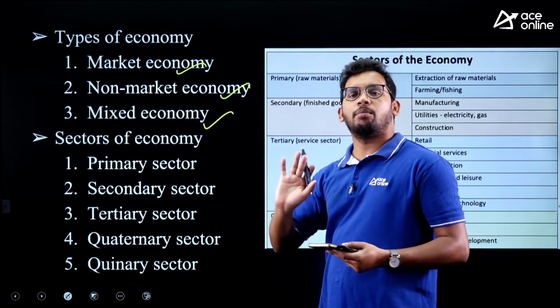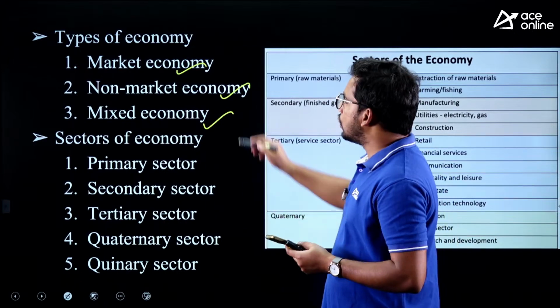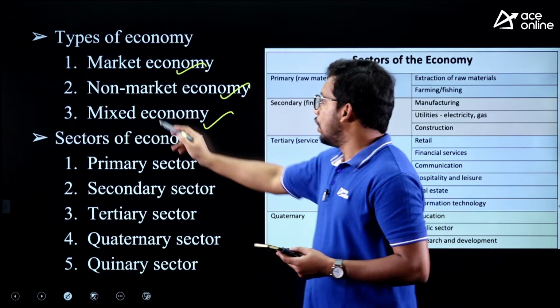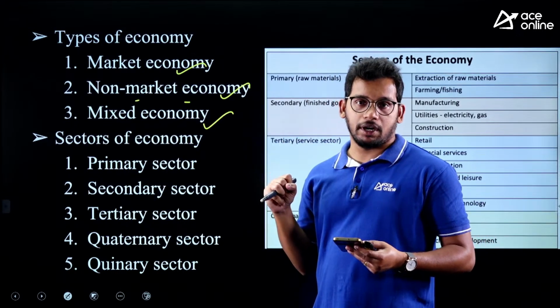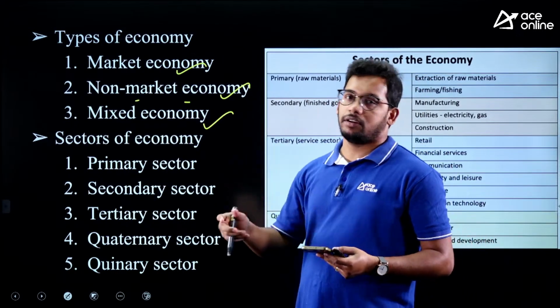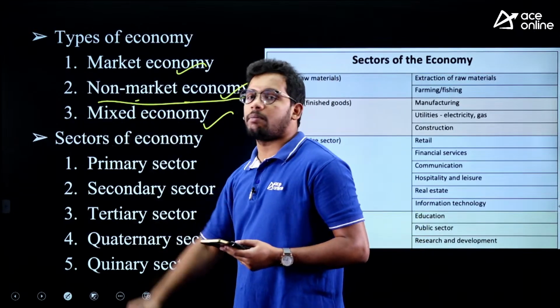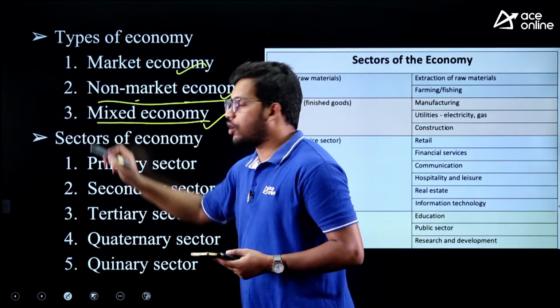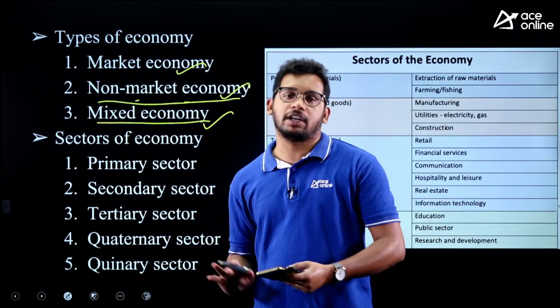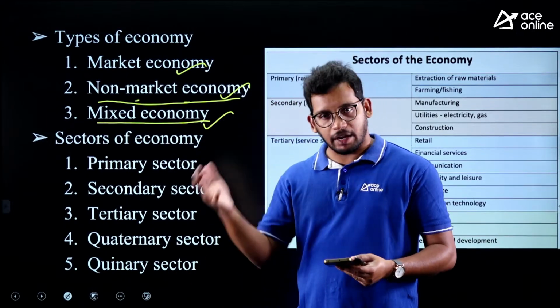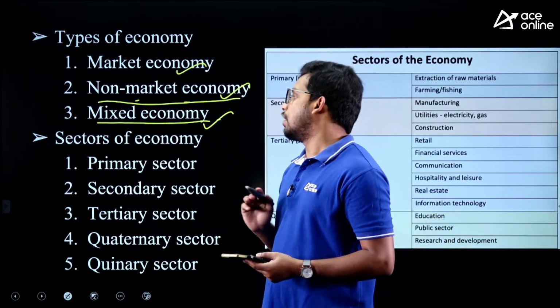There is a small role for the government, right? That is called market economy. Non-market economy means completely in the hands of the government. So the government controls everything, right? That is called non-market economy. Mixed economy means some role for the government, some role for private companies. So it is a balance between private companies and the role of the government.